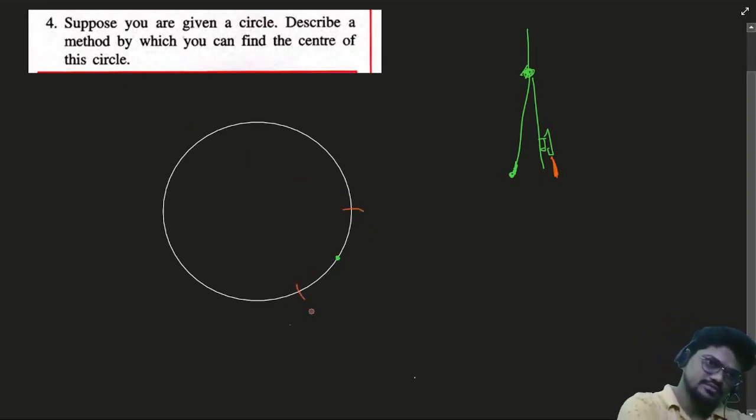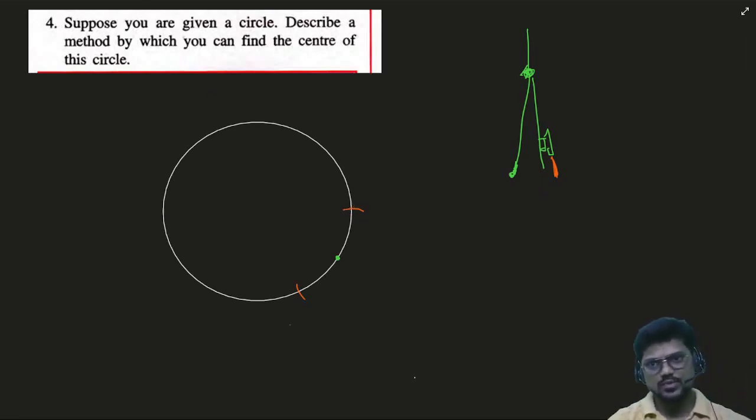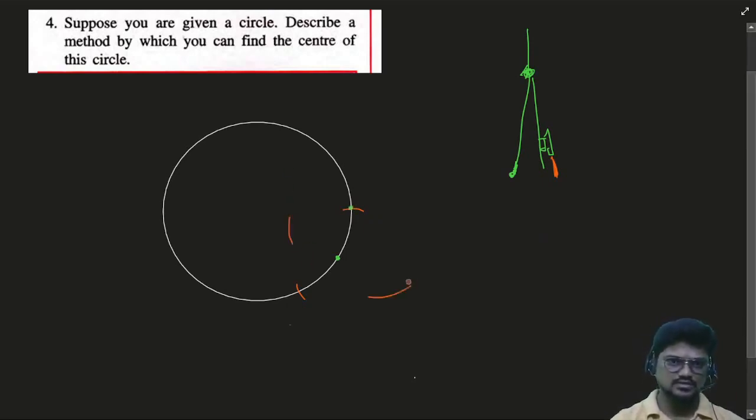Now increase that length, put the point over here and draw two arcs, one over here like this and like this.